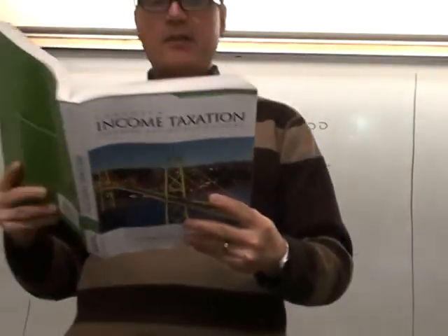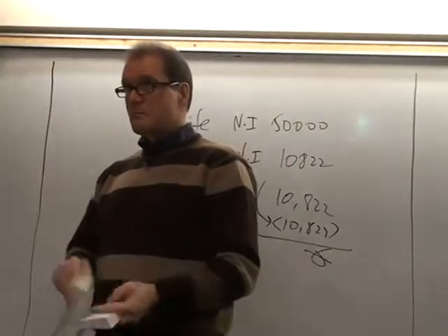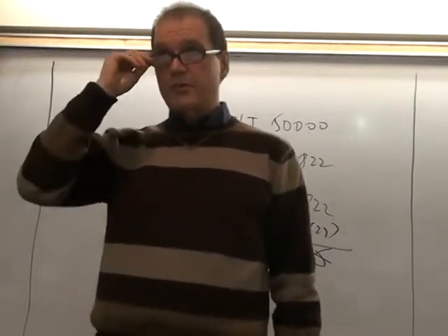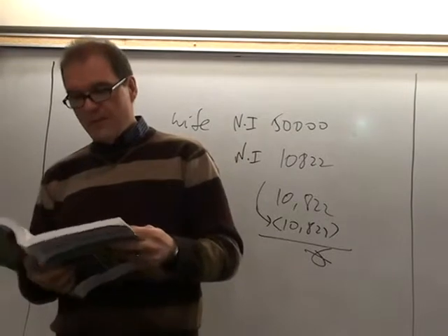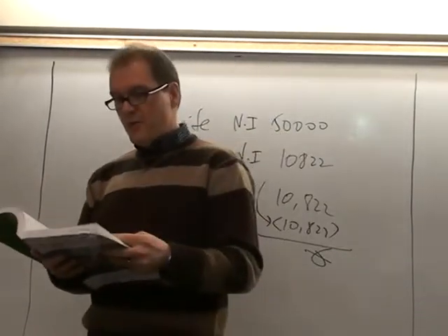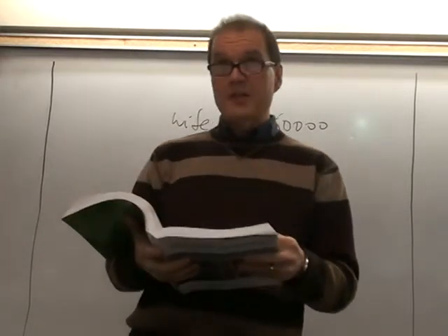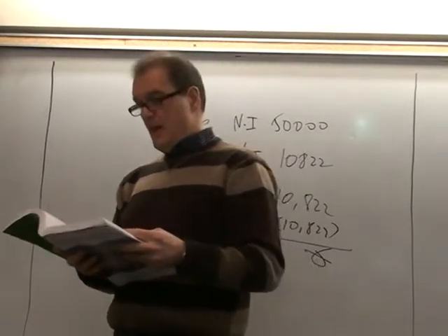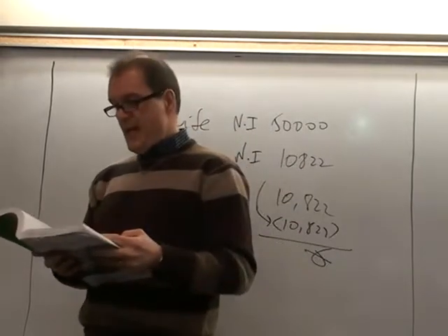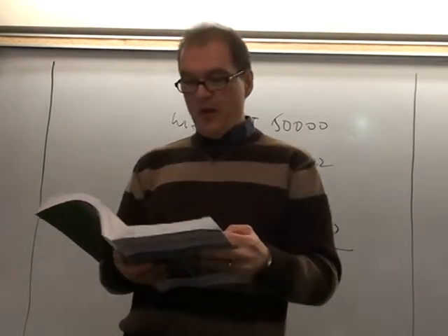This is important. Page 380, second paragraph. Single parent households. In some cases, an individual is unmarried but supports another person who lives with him or her, such as a child or other relative. A credit, sometimes called the equivalent to spouse credit, is available and is exactly the same as a spouse credit.